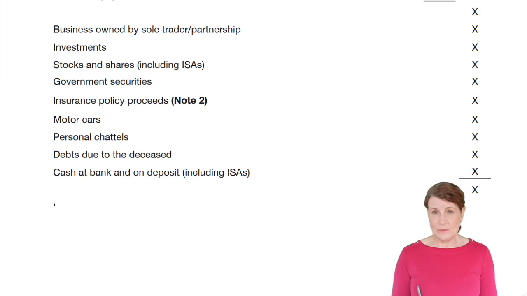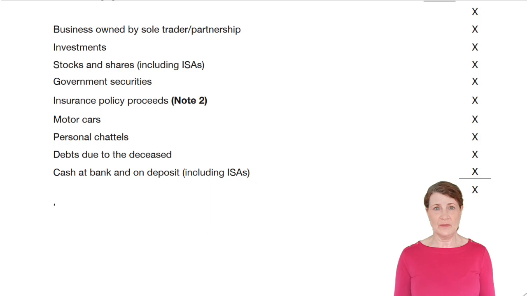We could have other investments, whatever they may be. And this brings me to a very important point. Just because something is exempt from one tax does not make it exempt from every tax. So investments would include things like government stock, qualifying corporate bonds, ISAs, so stocks and shares in an ISA, and investment properties.